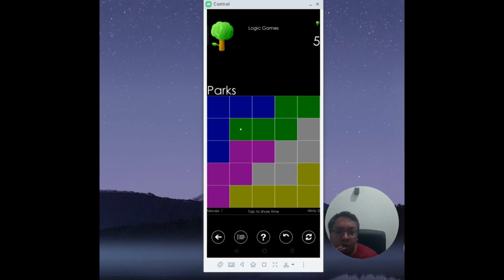No, it's not that simple. Wait a second, let me think first. Okay, I can see that there cannot be any tree on the third column, first row, in the blue one. Why? Because the green one will all be unavailable, because it's on the same row and it's all neighboring this tile. And then what's next?